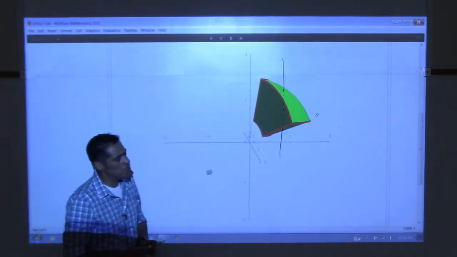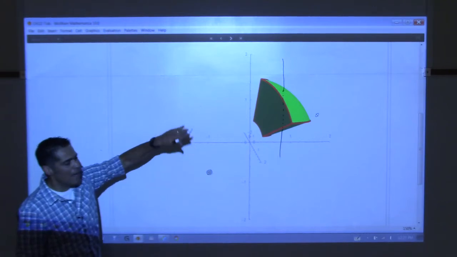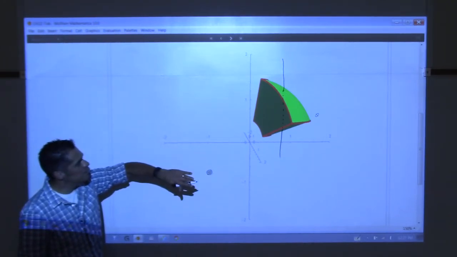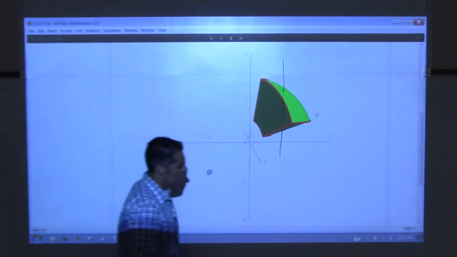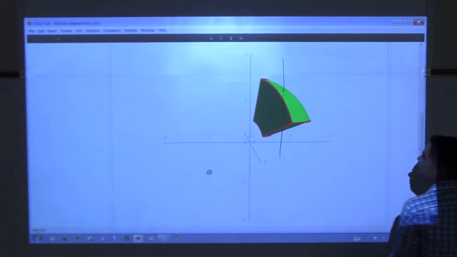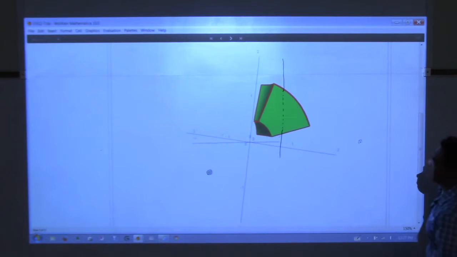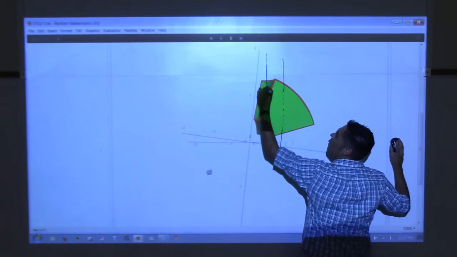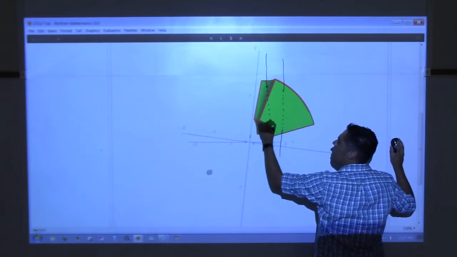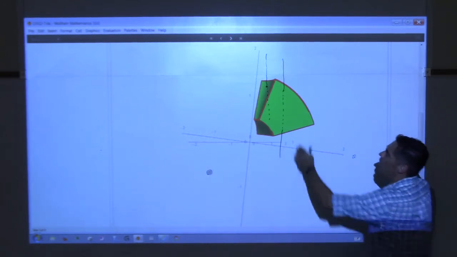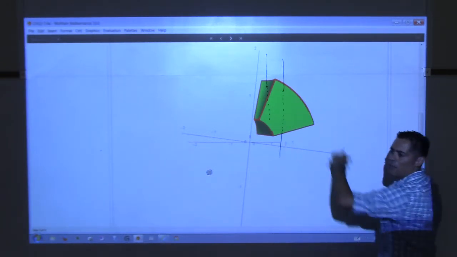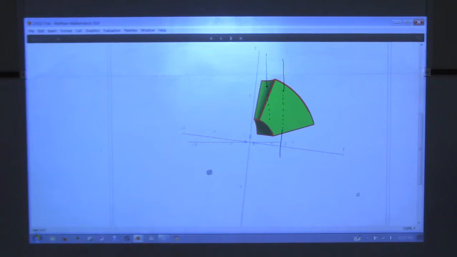So the top surface would be maybe that lighter green. Yes? But if I rotate this around and I go through and I punch through here like that, I would come out somewhere, right? But is this top surface the same as that other side was? They're not the same. This is a very complicated shape.